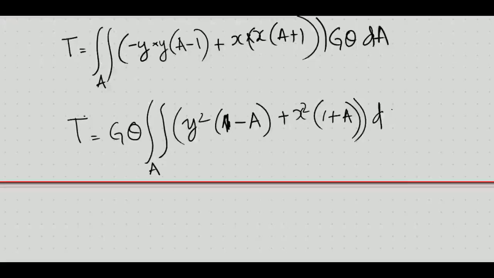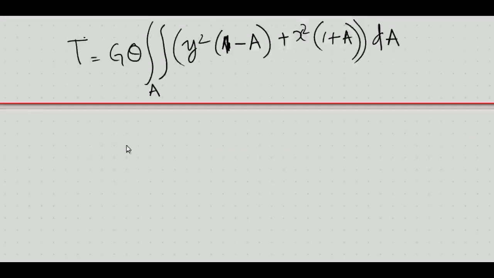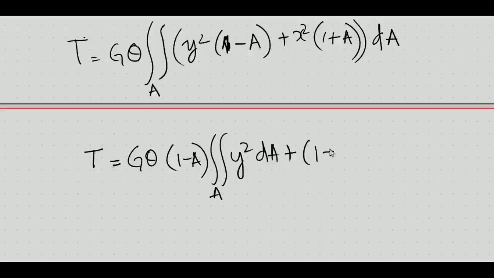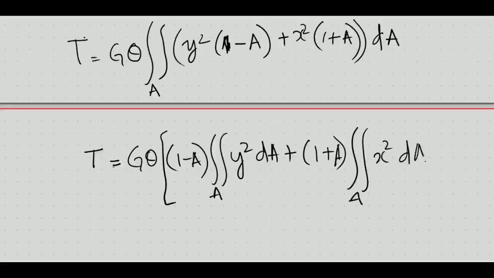Into dA. So we can write this as T is equal to G theta into (1 minus a) into the integral of y square dA plus (1 plus a) into the integral over A of x square dA, G theta being constant.